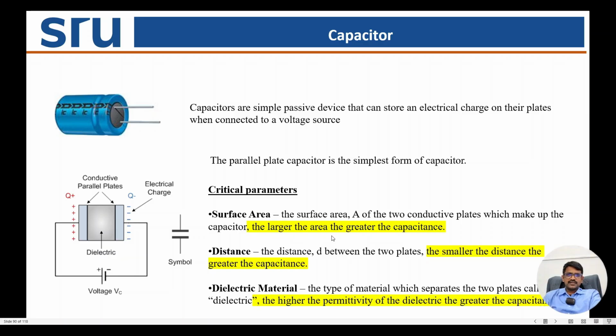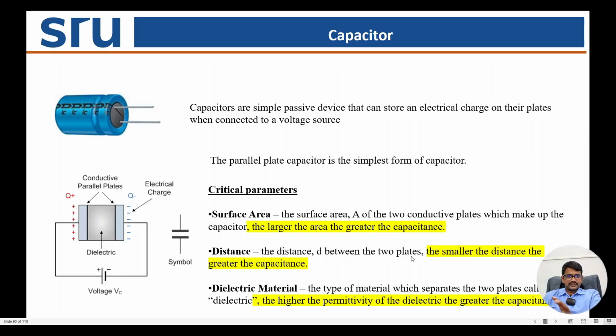The larger the area, the greater the capacitance. If the plates are larger, more charge can accumulate, so the capacitance will increase. Also the distance: the smaller the distance between the two plates, the greater the capacitance.